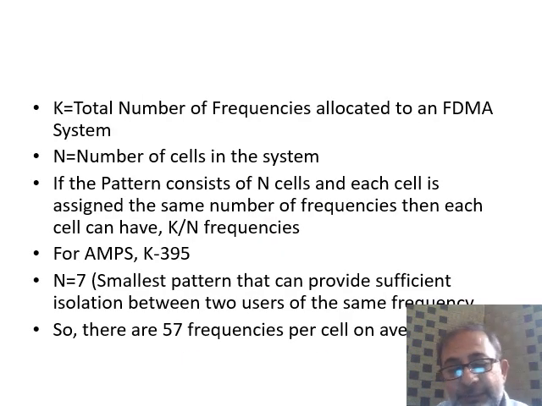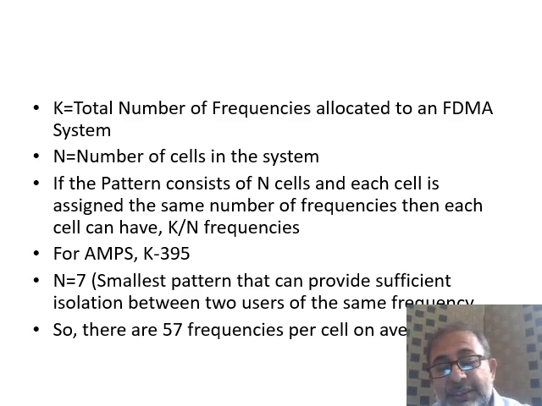As an example, we take an FDMA or AMPS system, a 1G system, where K is the total number of frequencies allocated. Capital N is the number of cells in the system. If the pattern consists of n cells and each cell is assigned the same number of frequencies, then each cell can have K divided by n frequencies.